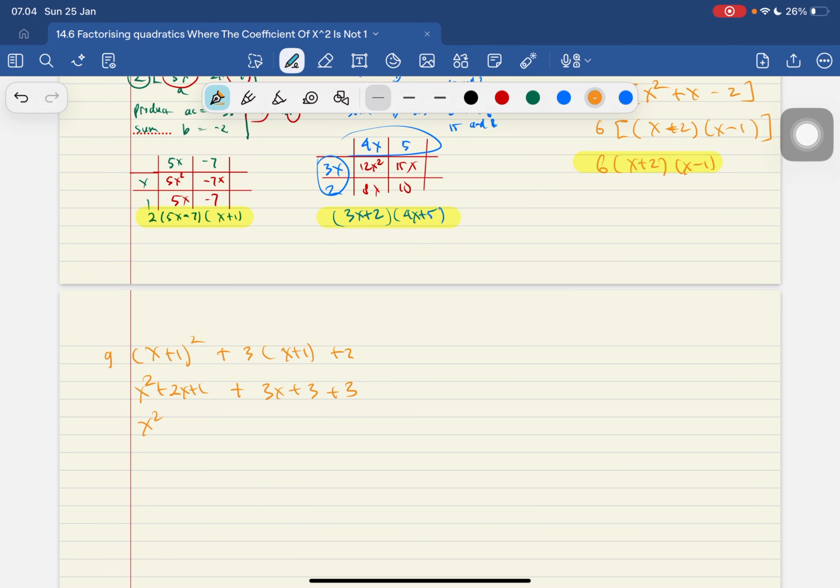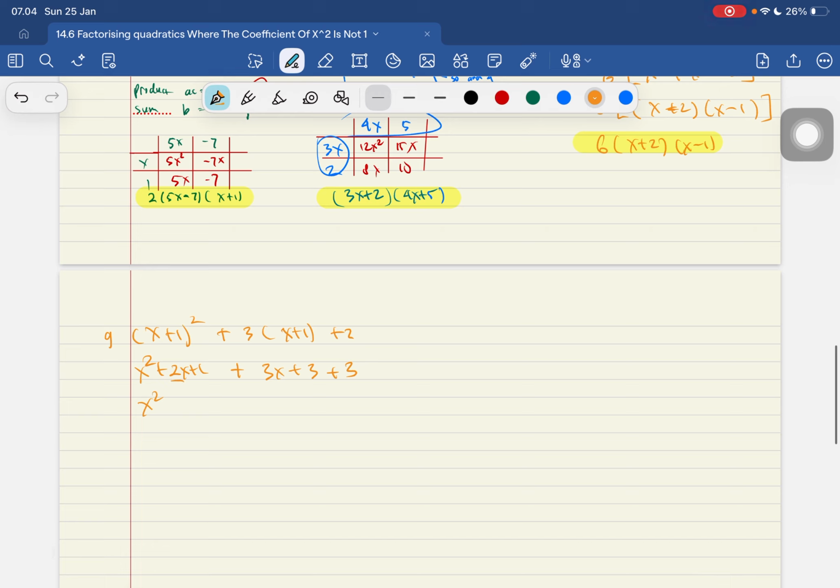So it's going to be x squared, 2x plus 3x is 5x, 1 plus 3 and 2, it's going to be 6. So we can factorize it: x, when we multiply it equals 6, when we add it equals 5. We got plus 3 and plus 2. See the factorization.